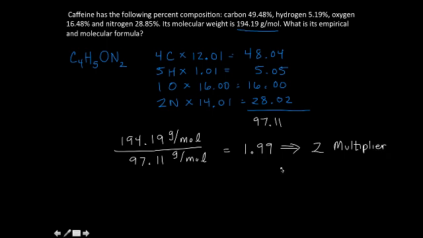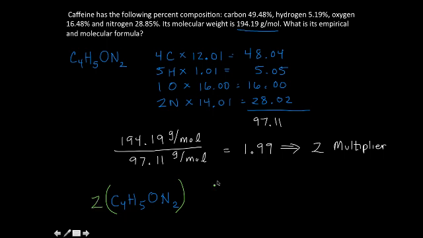Which means I'm going to multiply my empirical formula, C4H5ON2, I'm going to multiply all this by 2.